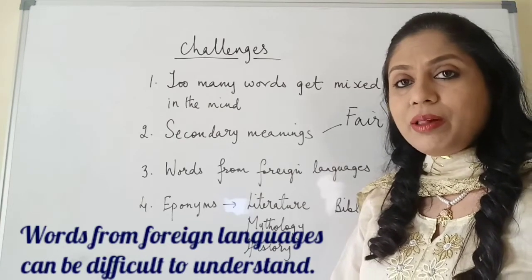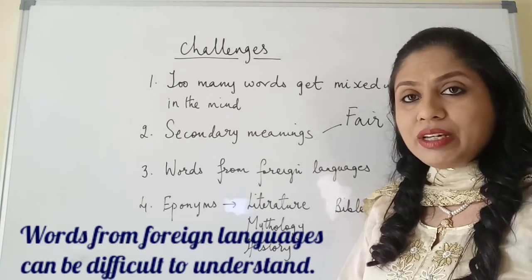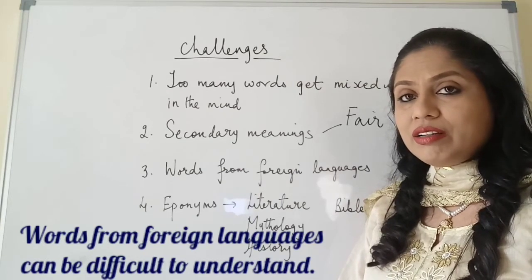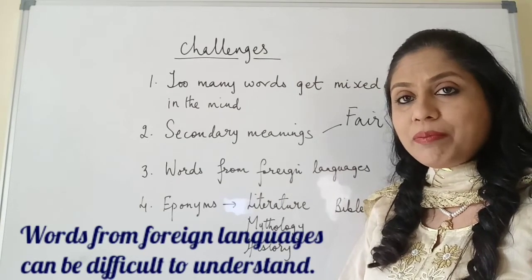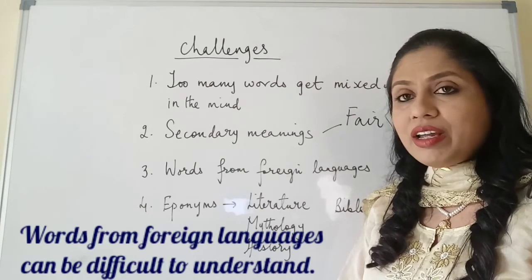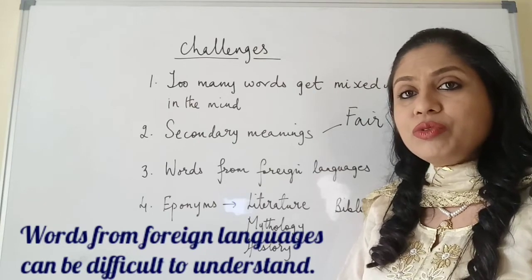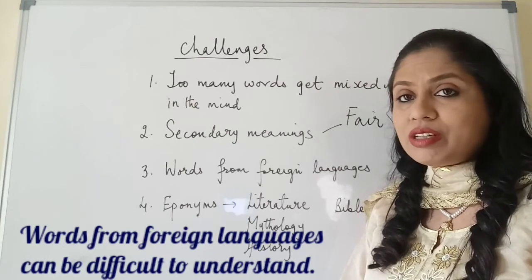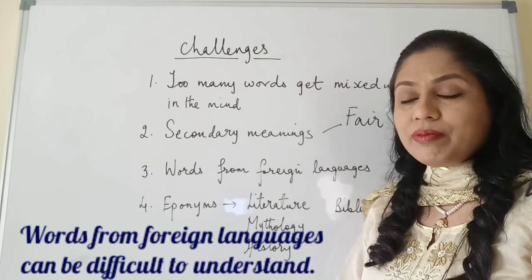For example, words that end with ment are not pronounced as meant. Like, for example, I have a word like development, so I pronounce it as meant. But if I have a word like denouement, the spelling contains ment, but I do not pronounce it as meant.